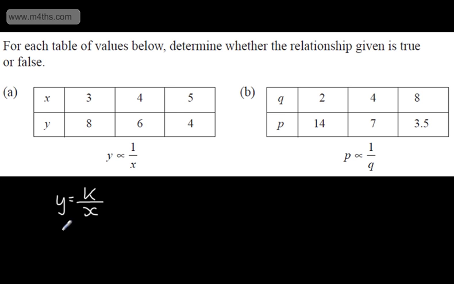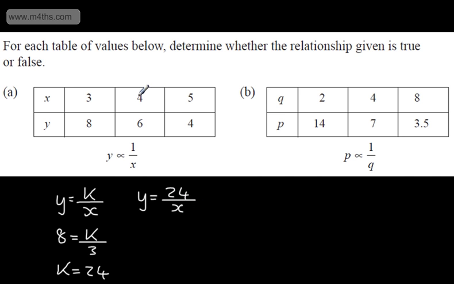What we're going to do is substitute in 8 and 3. So y is 8, then we've got k, and that's going to be over 3. Multiplying both sides by 3, we can see that k is 24. So if this is true, we can rewrite this now as y is equal to 24 divided by x. So does this one hold?